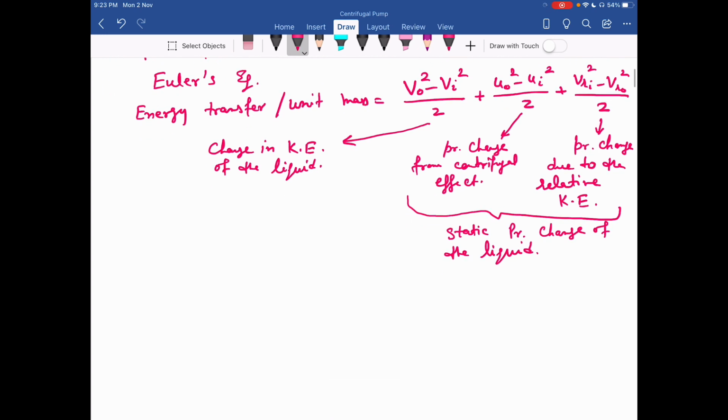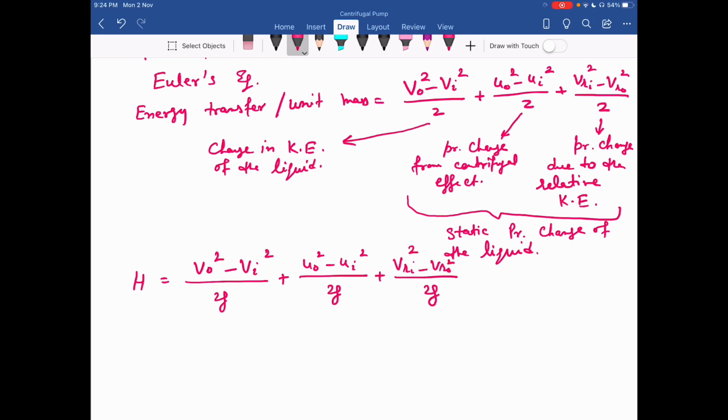Now we can say the energy transfer per unit weight, that is my head H, is equal to (Vo² − Vi²)/2g + (Uo² − Ui²)/2g + (Vri² − Vro²)/2g.